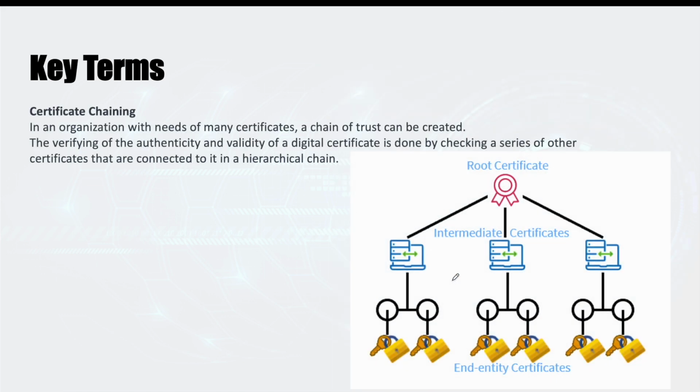Certificate chaining. There is a need for an organization to generate multiple certificates for different needs. Some may be for a web server, user authentication, and entity certificates. So they keep a certificate called a root certificate issued by a CA.